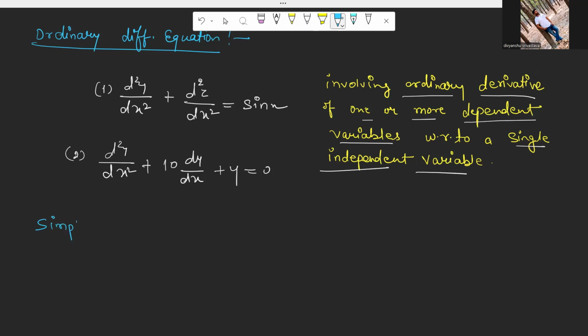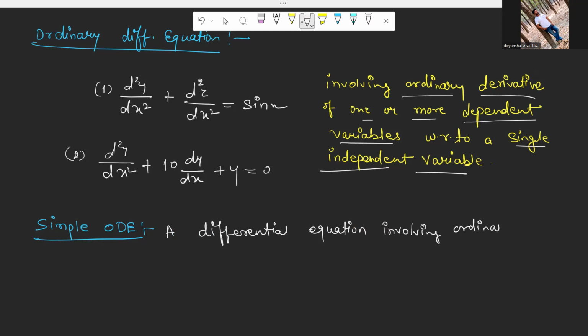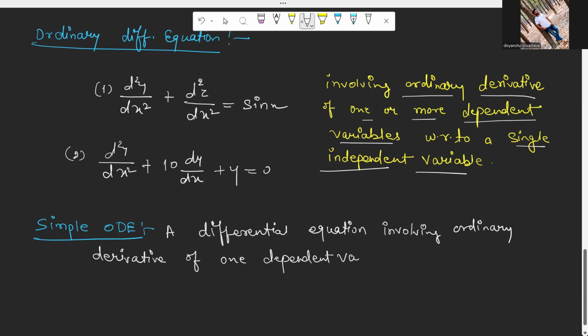A simple ODE is nothing but a differential equation involving ordinary derivative of one dependent variable with respect to a single independent variable.